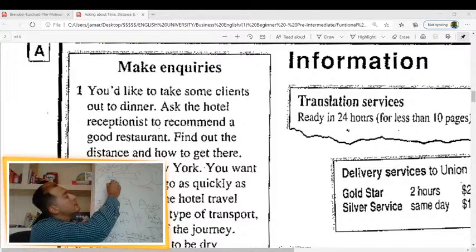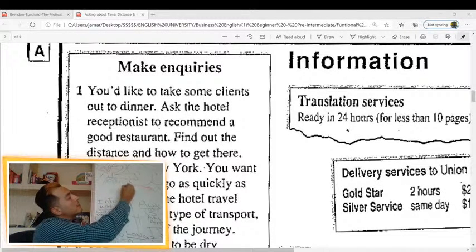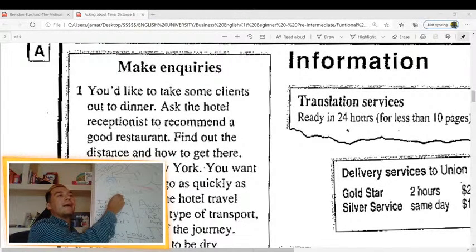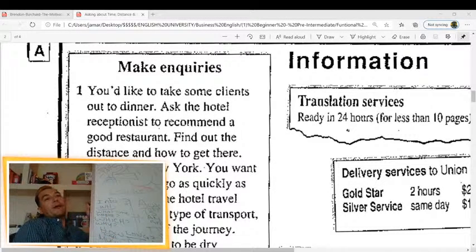Inquiries, o el verbo de inquire, es el verbo de preguntar o de pedir información. Entonces, depende qué estás pidiendo. Para eso es la primera parte de la fórmula.